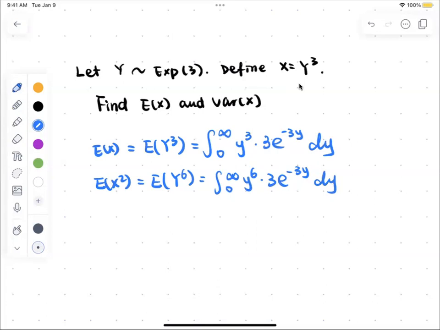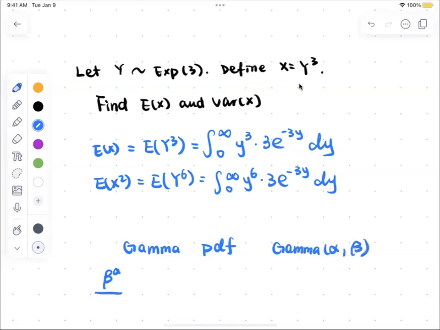And that integration trick is, let's look at the gamma PDF. The gamma PDF looks like this. So this is the PDF of gamma alpha beta.